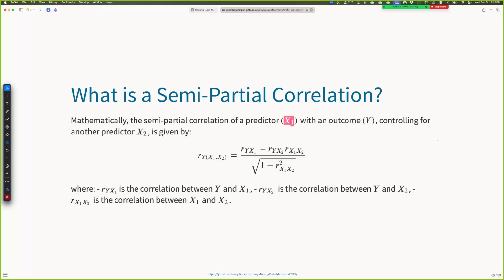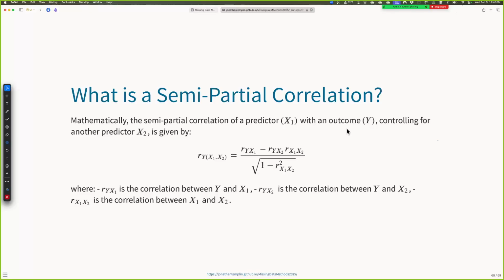Does that make sense? Okay. So if this is non-zero, it means x1 is needed in our regression function, in our linear model. If it's equal to zero, we can think x1 is redundant with x2 in predicting y, and therefore it's not needed in describing the model itself.